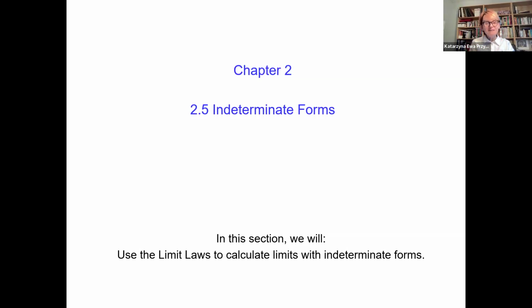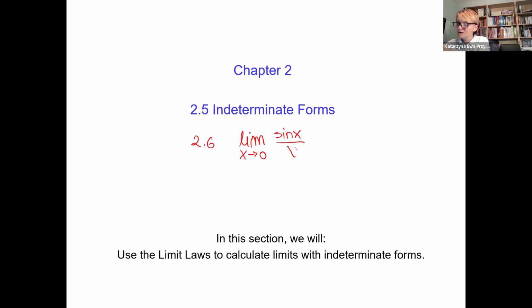For 2.5 and then 2.6, you can check a really quick video, because it's just one formula. It's a limit with a trigonometric function. Section 2.6 is actually this limit: as x goes to 0 of sine of x over x.